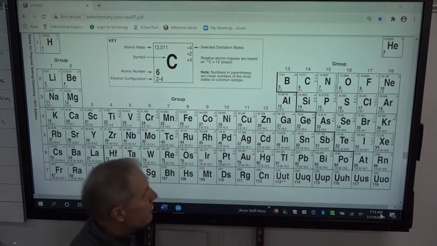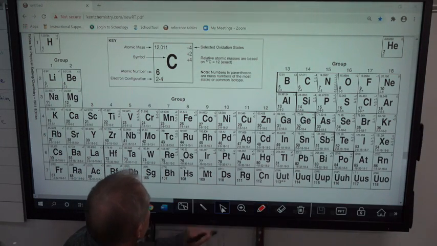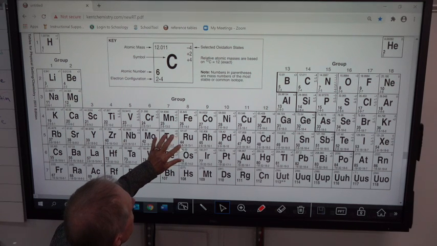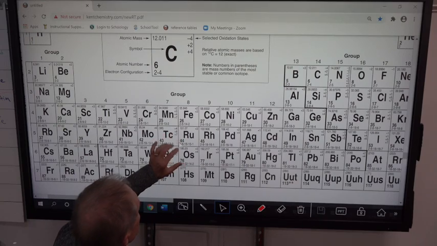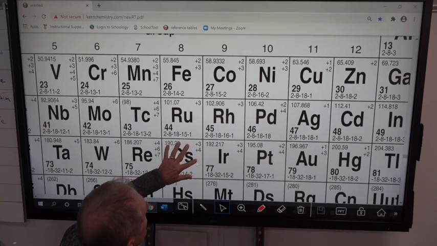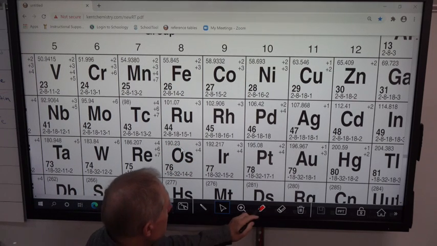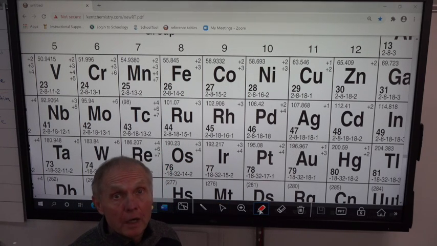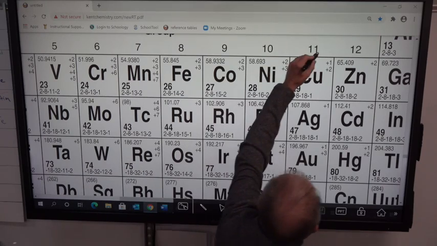The reason just naming it copper chloride would be wrong is, look at copper.